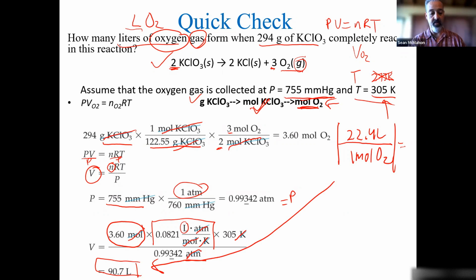So 3.6... Oh, well, it's more than slightly different. Yep, it comes out to 80.6 liters. So we can see that under standard temperature and pressure, there's a difference. That's why you would have to use that, okay?